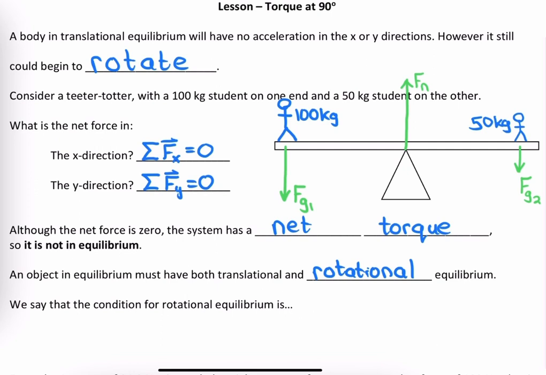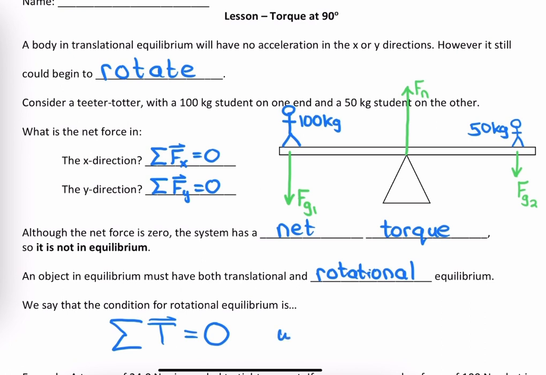So whereas we said the condition for translational equilibrium was that the sum of the forces was 0, we say that the condition for rotational equilibrium is the sum of the torques is equal to 0. Now, we haven't really talked about what a torque is yet, so I'm going to write that in here too.